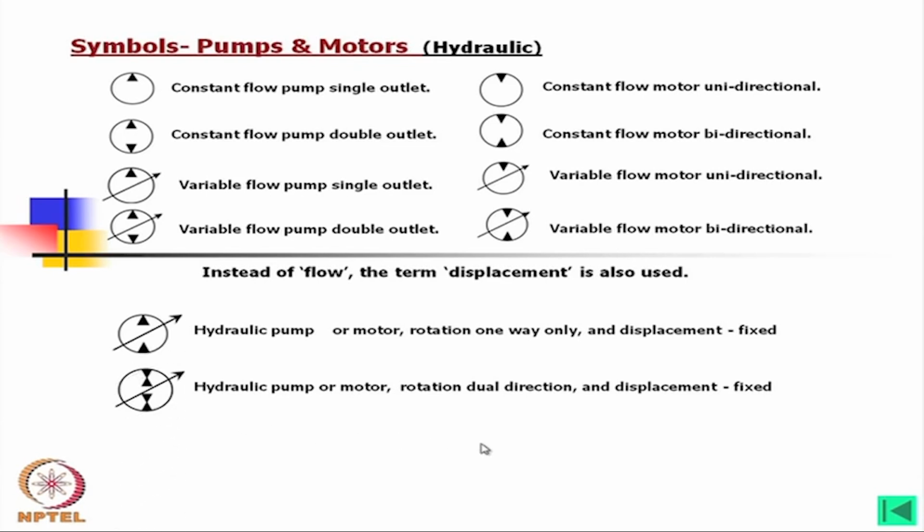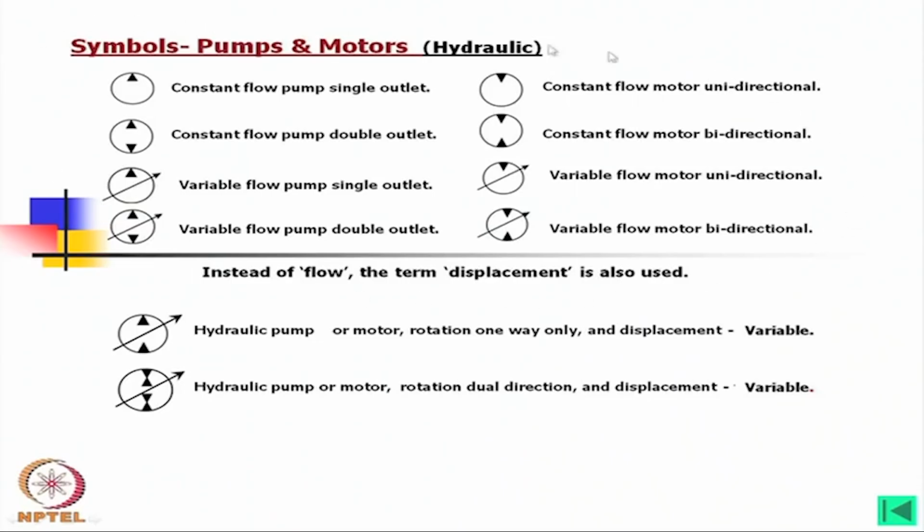Now, if I add these two arrows, then this will be variable displacement. Okay. So, these are the few basic symbols of the pump and motors. Apart from this, you will find many other symbols depending on their operations, but most popular are what I have put, those 8 at the top.